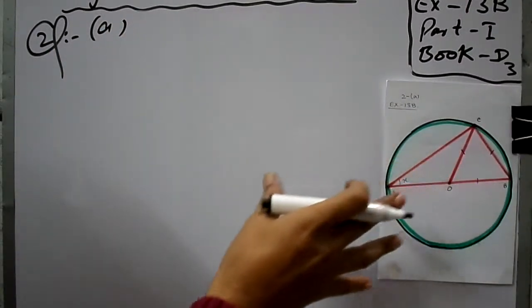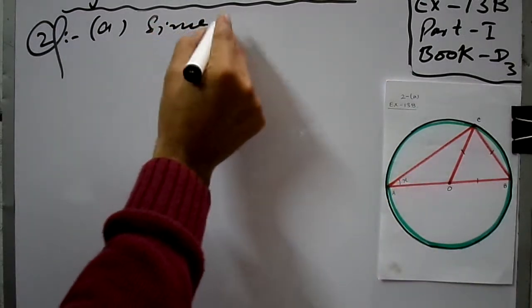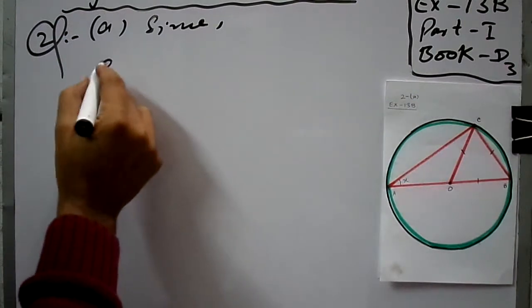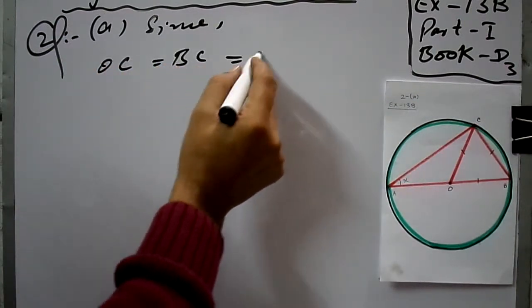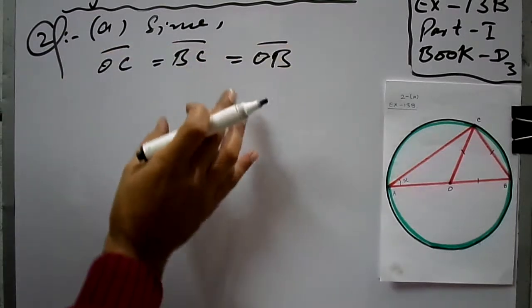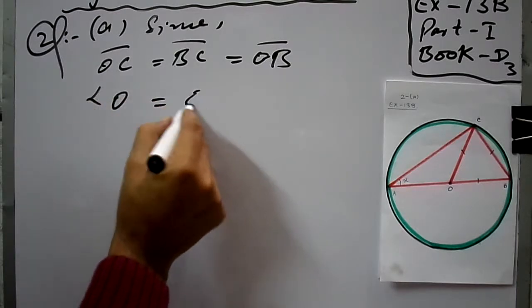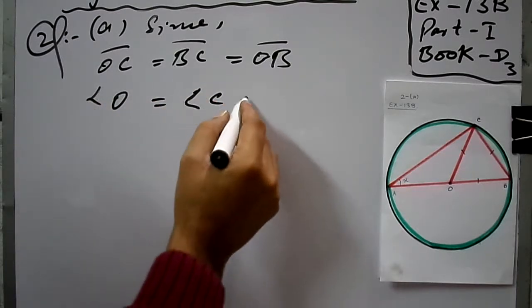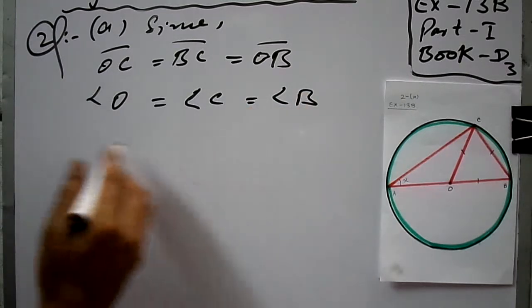So in your diagram we can say there are a few important things which are very much necessary, that is OC is equal to BC is equal to OB. So if you put the sides, it is better, that is angle O is equal to the angle C and equal to the angle B. So these three angles are equal.